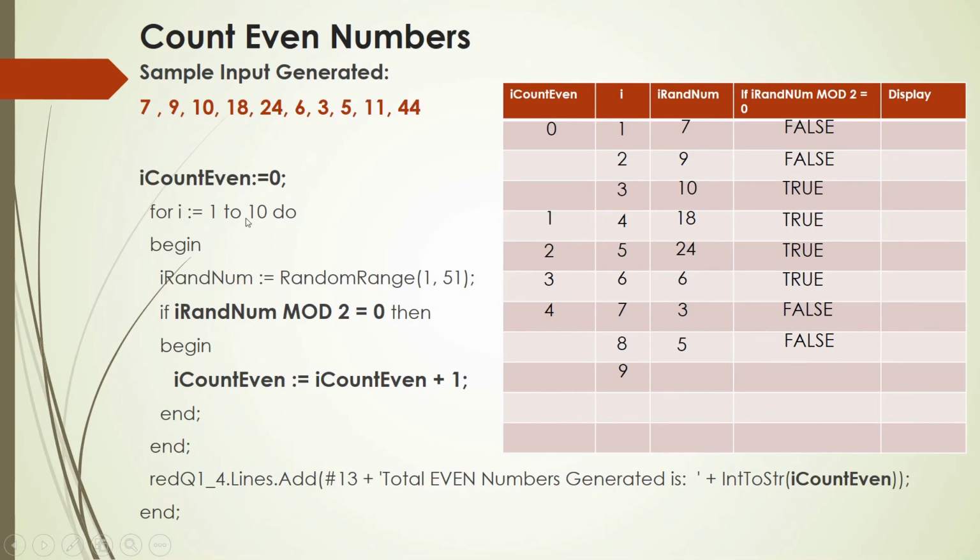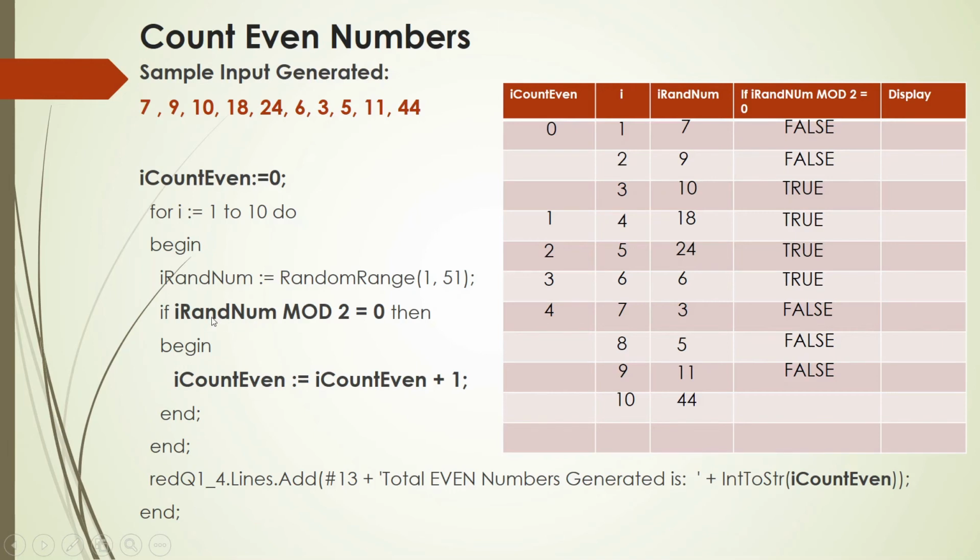Check the condition. Condition evaluates to true. Generate the next random number, 11. I now check, is 11 mod 2 equals 0? False. Nothing happens. Go back up and i is now 10. Check the condition. Condition is true. Generate the next random number, 44.